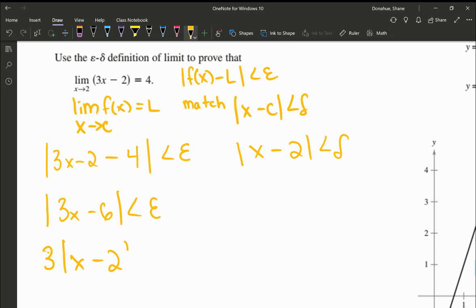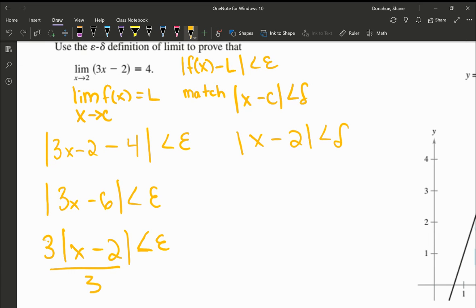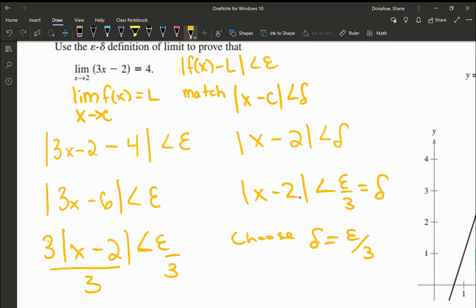We've got 3 times x minus 2, less than epsilon. You'll notice we're getting close to what we want, that x minus 2. So if we divide both sides by 3, we're going to have x minus 2 is less than epsilon over 3. So we're going to choose to have our delta equal to epsilon over 3. So we say choose delta equal to epsilon over 3, and then we've proven the limit. So we can put a little box that says we've proven it.